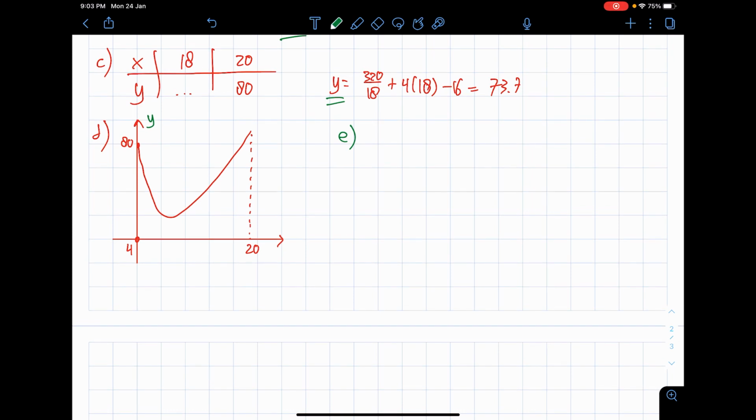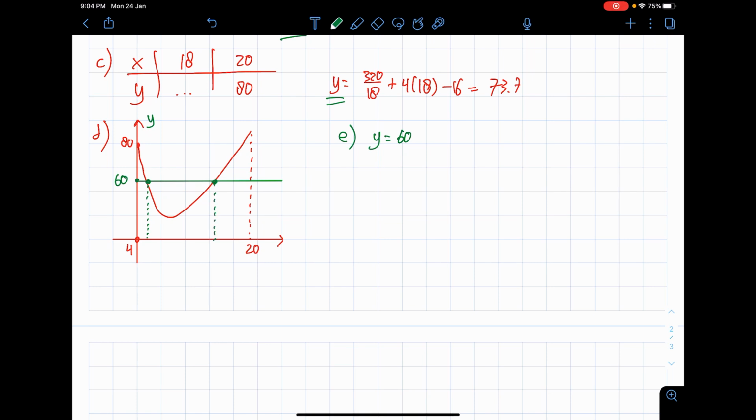In any case, they mentioned that the area equals 60. So that means y equals 60 in the picture. Let's just say that the 60 is here. I just need to put a straight horizontal line over there. You will intersect the graph at two locations, over here and over here. Your job is to find the corresponding value of x for that number.